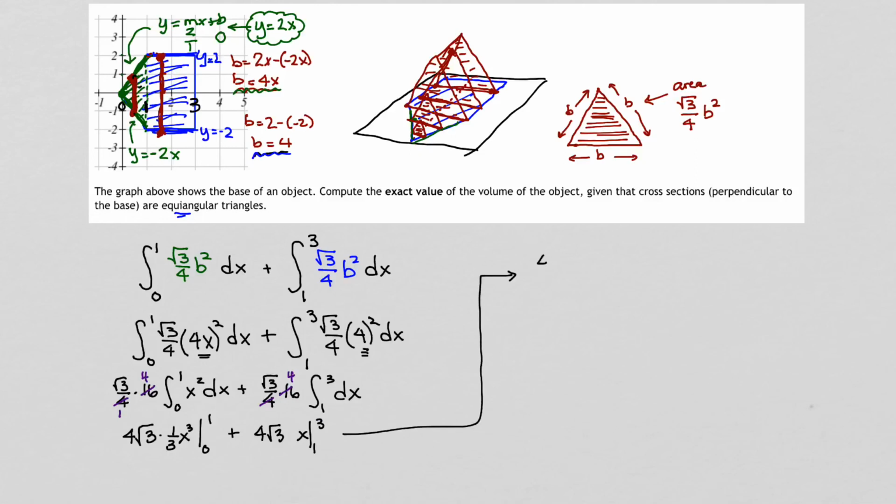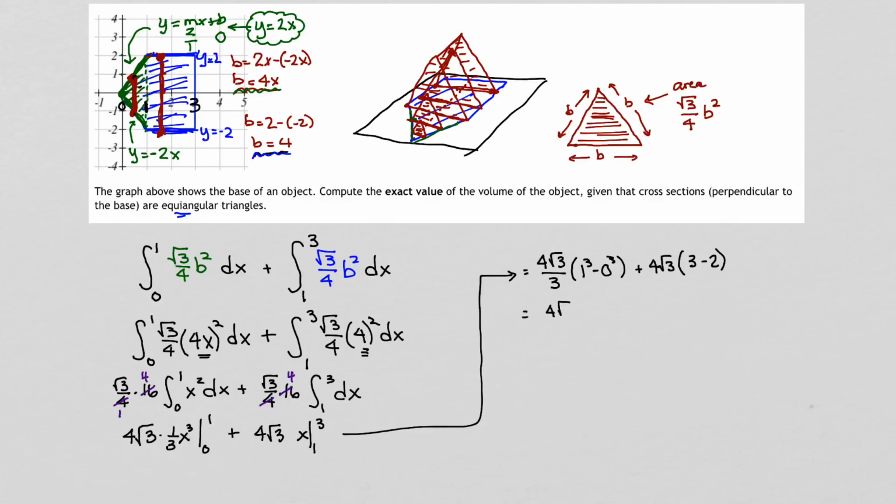So I have 4 square root of 3 over 3 times 1 cubed minus 0 cubed, plus 4 square root of 3 times 3 minus 1.